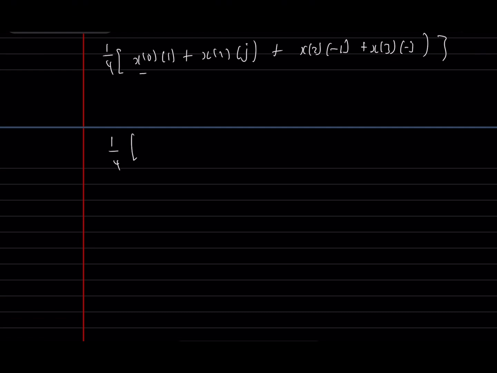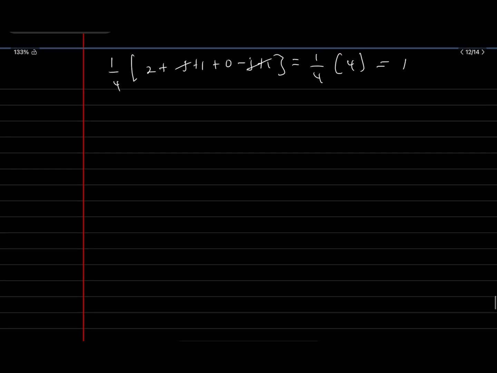When we put the coefficients of X0, X1, X2 inside, we are going to get 2 plus j plus 1 plus 0 plus j plus 1, which is equal to 1 over 4 multiplied by, the j goes with the j, and we are going to get 4 here, and at the end of the day we are going to get 1.